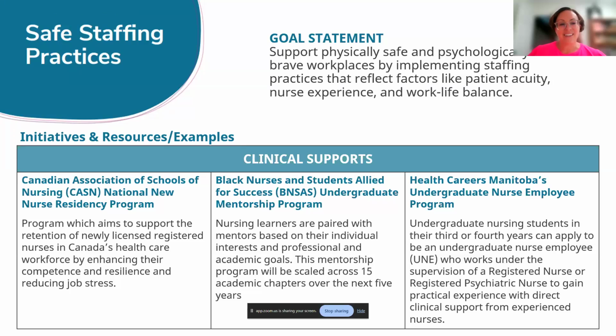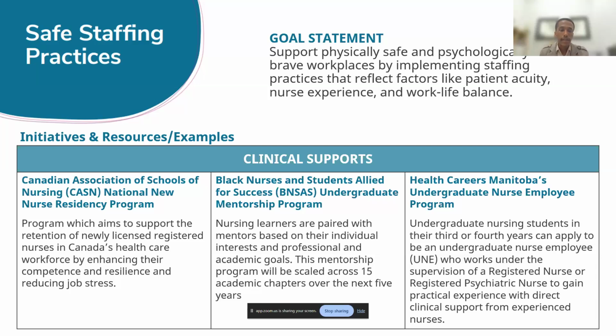So we've highlighted the CASN National Nursing Residency Program, which you've heard about, and perhaps I will defer to Yasu to talk about the Black Nurses and Students Allied for Success Undergraduate Mentorship Program, as well as the uni program from Manitoba. Yes, for sure.